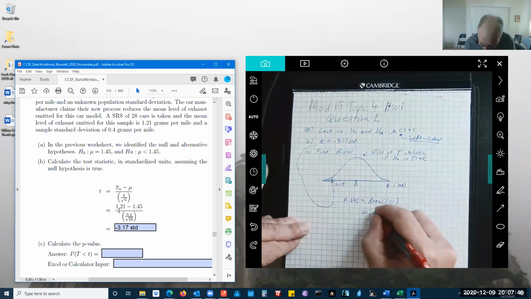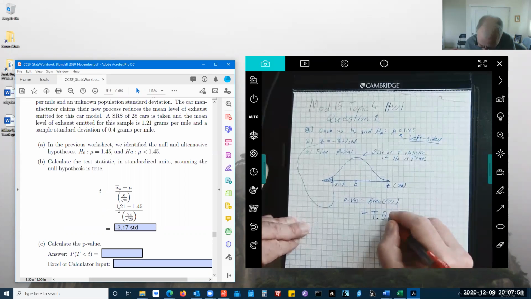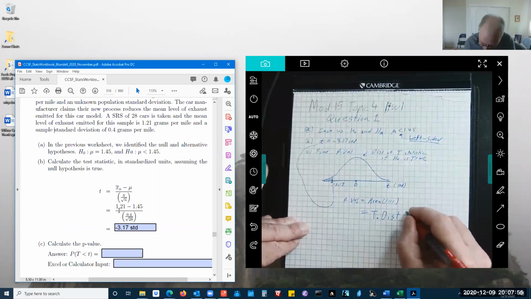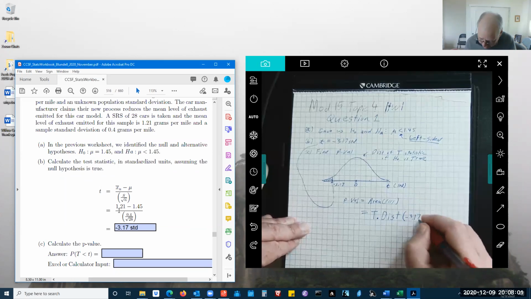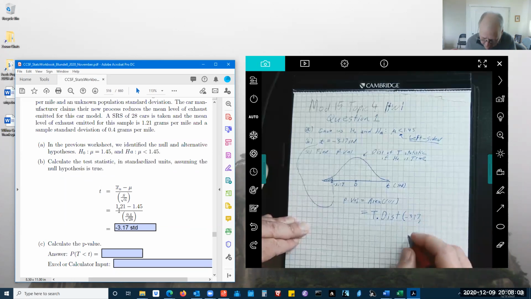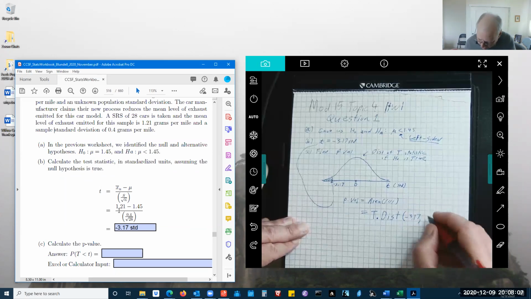So I use this t-dist function to get areas to the left. And I type in the sample size minus 1. Why they don't just subtract for you, I don't know.